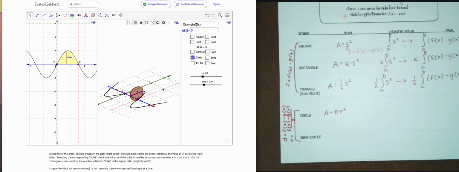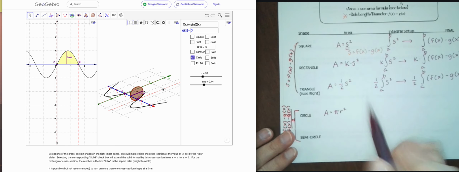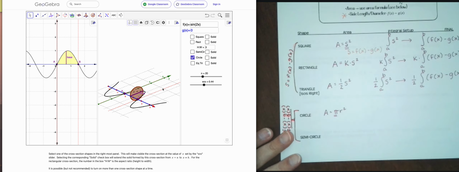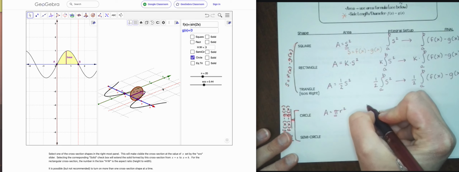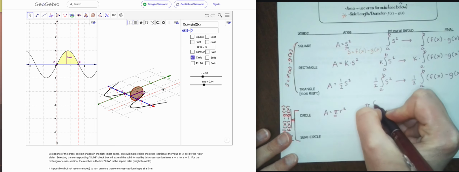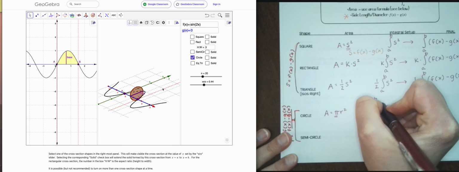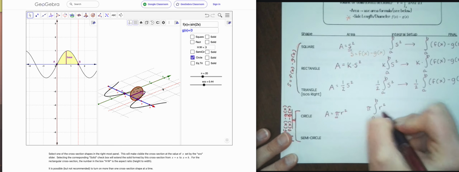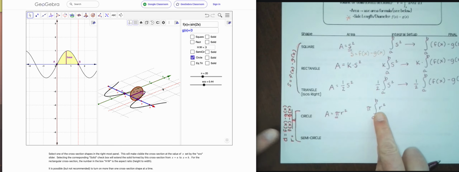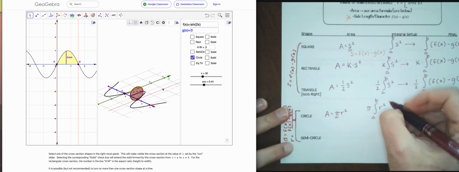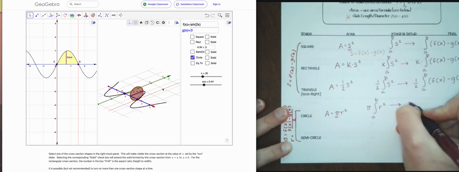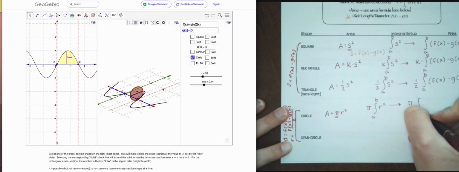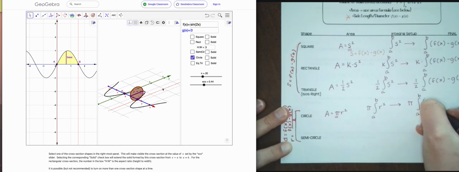The nice thing is, just like up here with the 1/2 and the k, pi is a constant. So when I write my integral, it's going to be pi times the integral of r squared. And then again, it's just a matter of thinking about what is r squared. Here's r, right? So in our final integral, we're going to have pi times the integral from a to b of f of x minus g of x, all divided by 2.